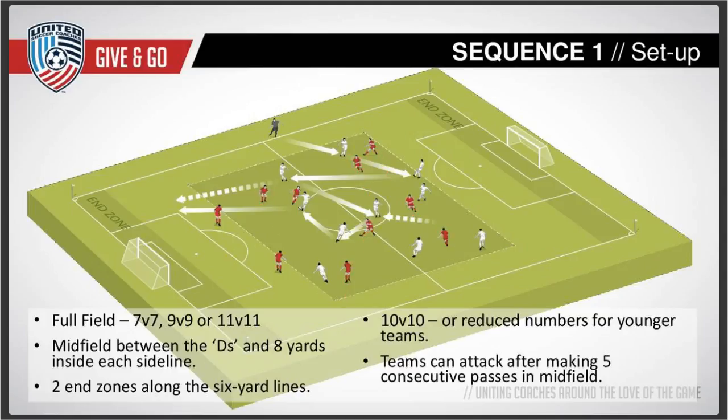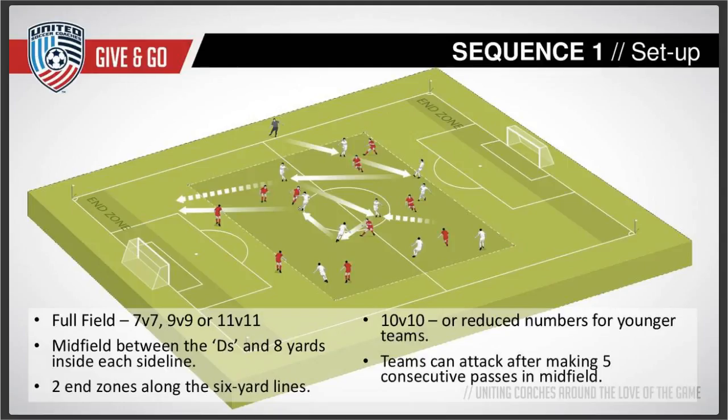The team out of possession, defending, have the 2 red players defenders drop out of the zone. And as you'll see, at each end we have an end zone, and the objective for the team in possession is to make 5 consecutive passes and then penetrate out of the central box, and then attack the end zone.